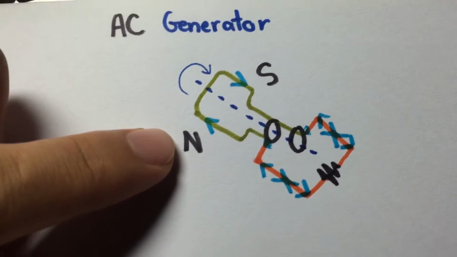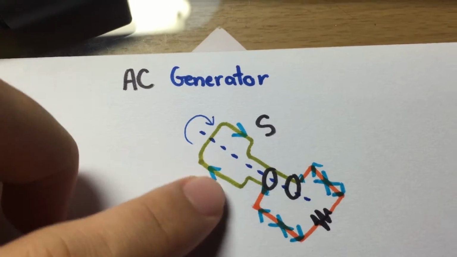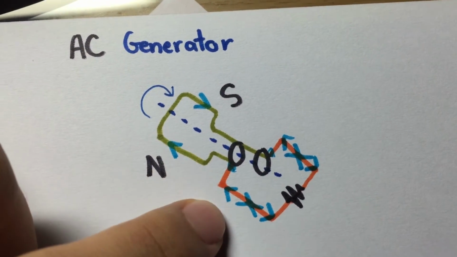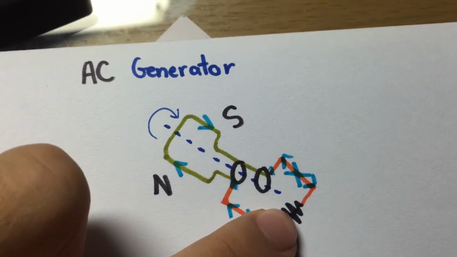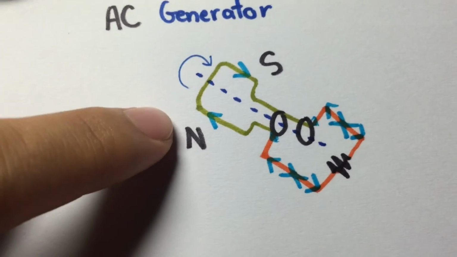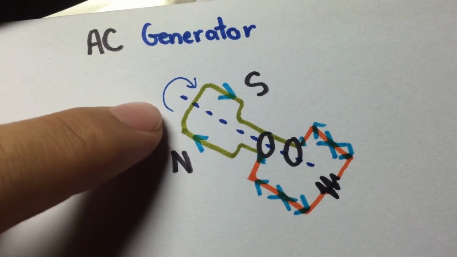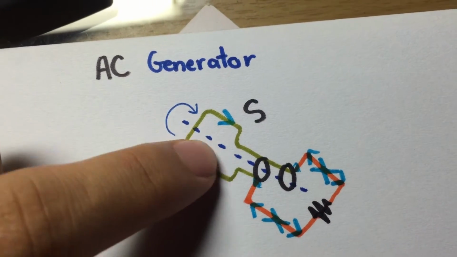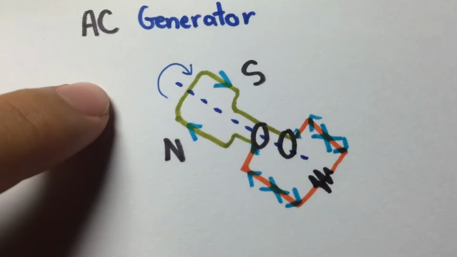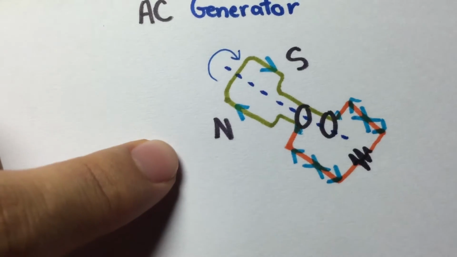This comes to the AC generator or alternating current generator, which is the simplest to explain. It consists of a rotatable coil together with the two rings and an outer circuit. So first, this coil needs to be rotated. We assume that there is an axis connected with a turbine, and also magnets are required, both poles.